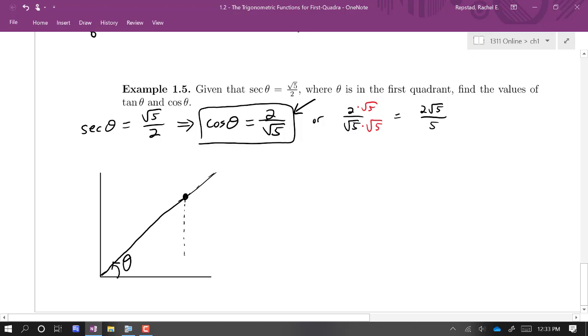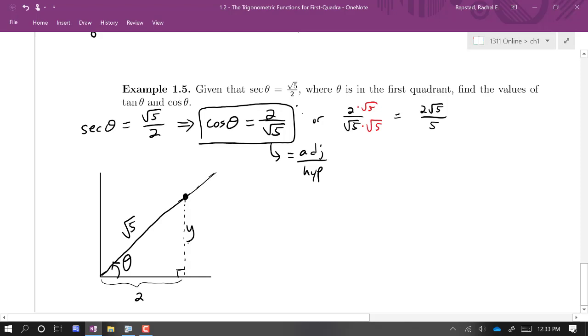I could drop down this perpendicular. And if I look at this right triangle, I know that this 2 over root 5, I can think of as adjacent over hypotenuse, because that's how we find cosine in a right triangle. So I can label this bottom side here as 2, the hypotenuse is root 5.